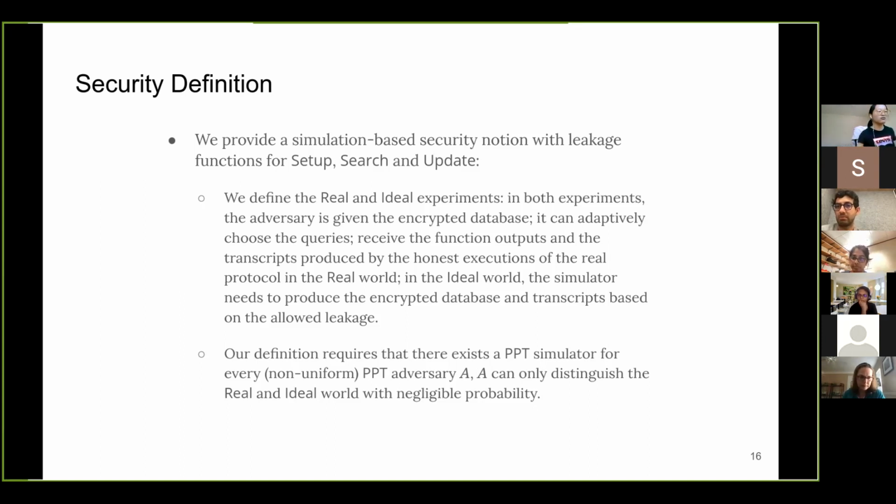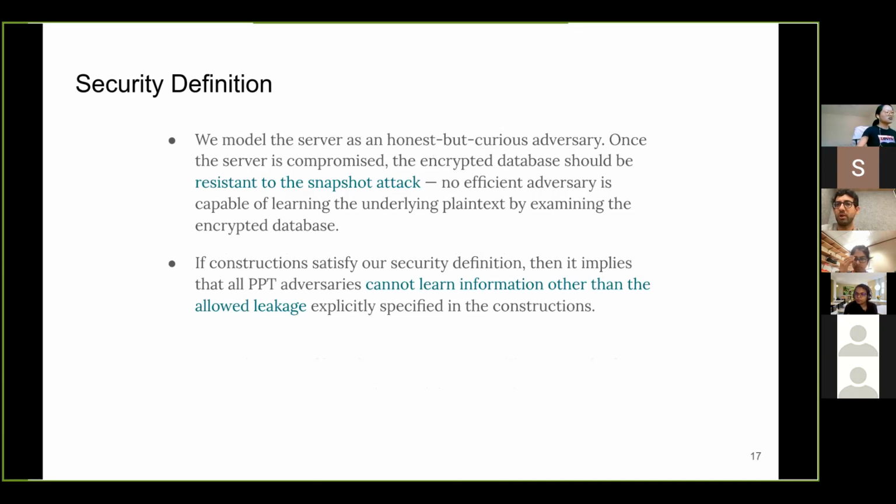Do you have any more questions? I was also interested in the next slide in your security definition, where you talk about snapshot attack. Can you say a little bit more about what you have in mind? Oh, this is just to justify, because this is for honest but curious adversaries. Some practitioners may think this is not practical or sufficient to address practical issues.